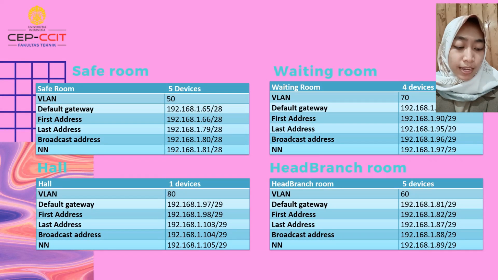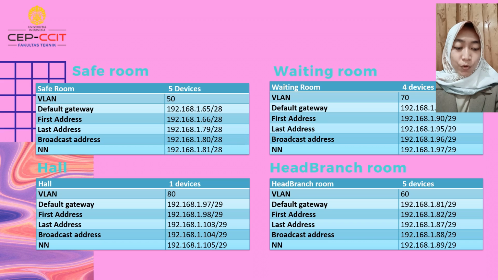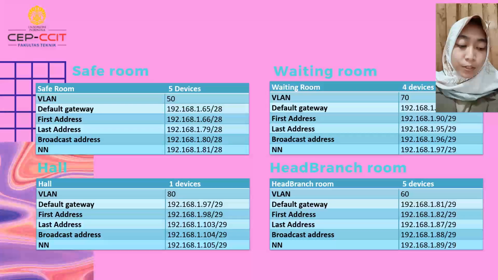And then the handwash room has 5 devices. Of them, namely, VLAN consists of 60. Default gateway consists of 192.168.1.81/29. First address consists of 192.168.1.82/29.